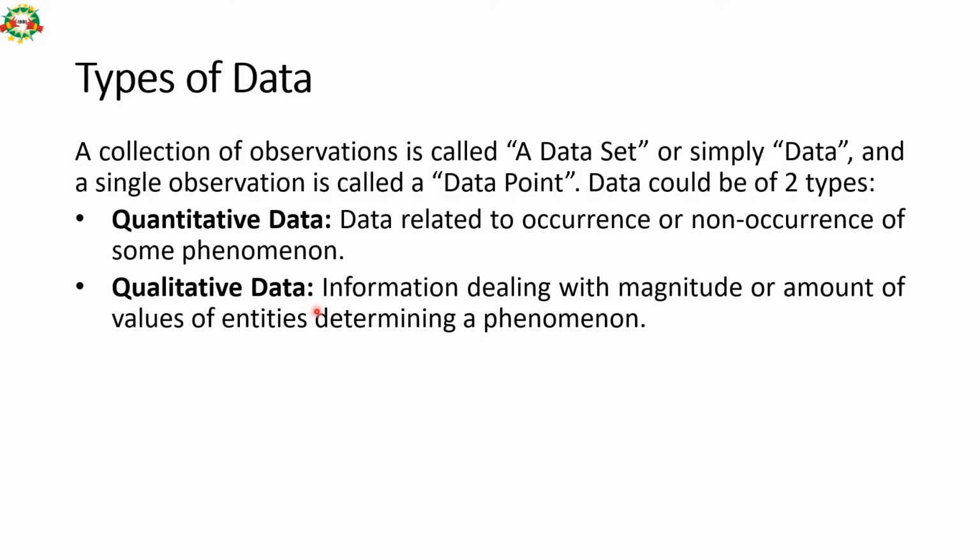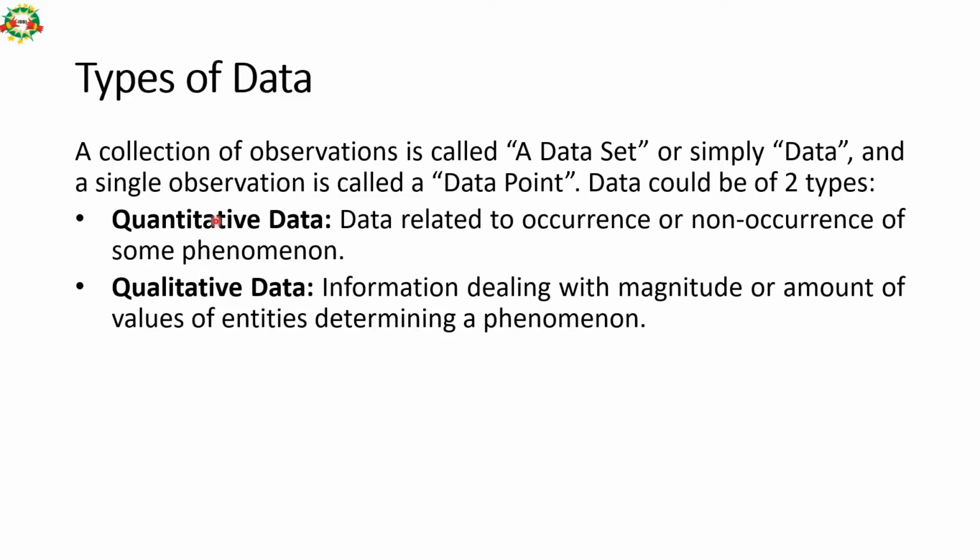So qualitative data is related to occurrence or non-occurrence of some phenomenon, and quantitative data is the information dealing with magnitude or amount of value of entities determining a phenomenon, like temperature.